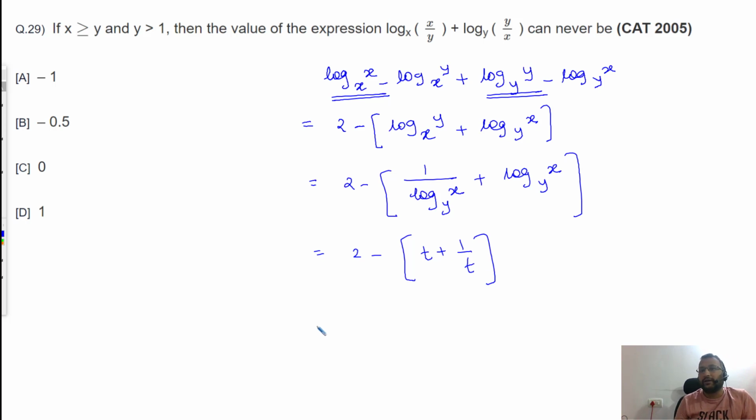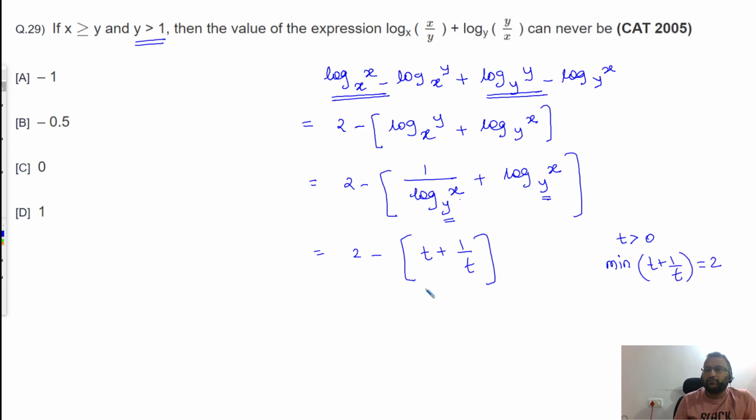And over here the conditions given are y is greater than 1, so the base y is greater than 1, and the value of x is greater than or equal to y. From this we can conclude t is a positive number. We know if t is a positive number, the minimum value that t plus 1 by t can take is equal to 2.